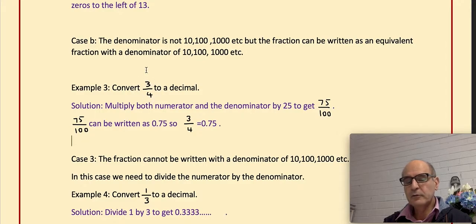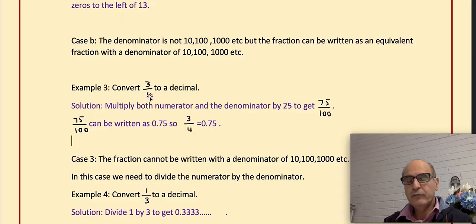Or if possible, we can divide the top and bottom by any number we want, and the fraction will not change. But here the purpose is to either times or divide so that the denominator becomes a power of 10, like 10, 100, 1000, 10,000, and so on.